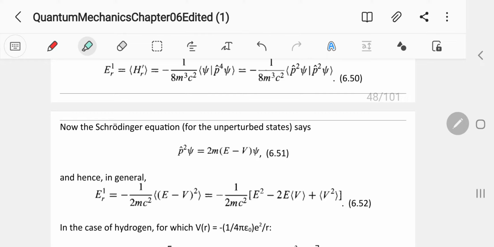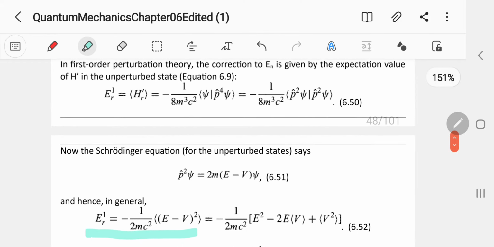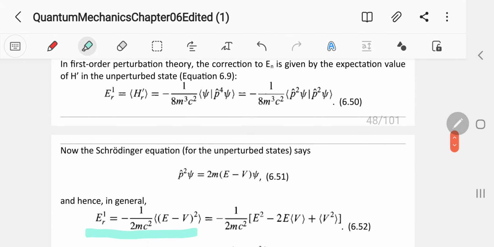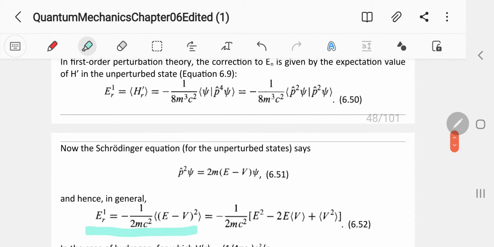So in general, our Er1 would be looking like this, as you were able to calculate from here.